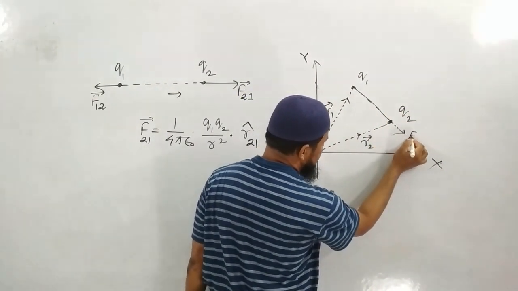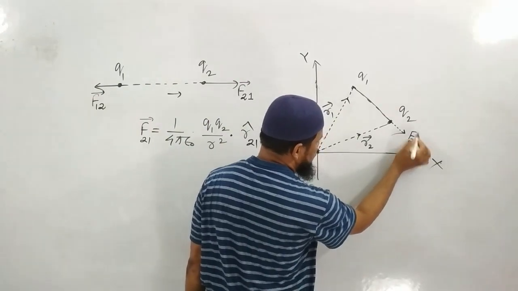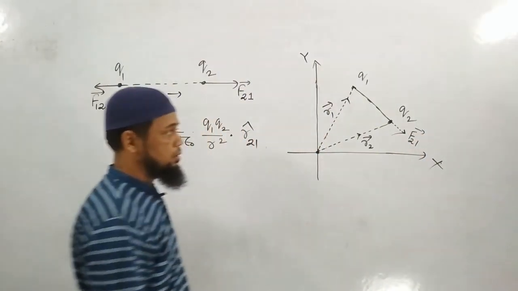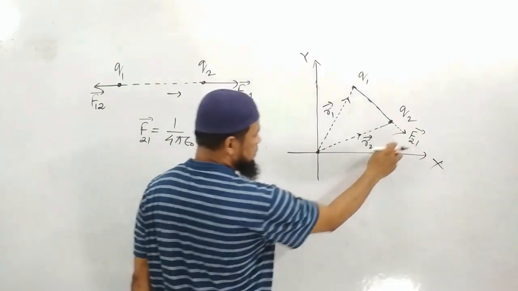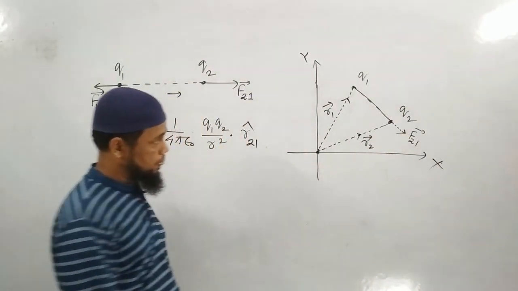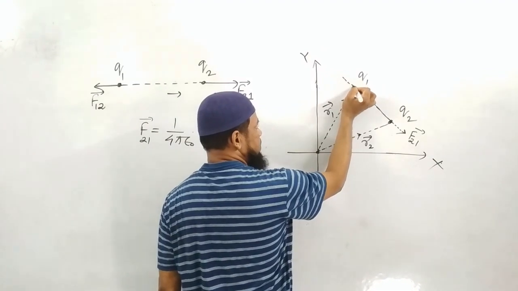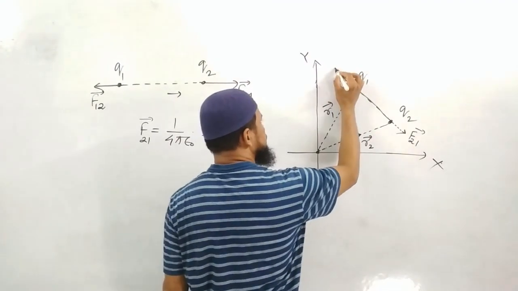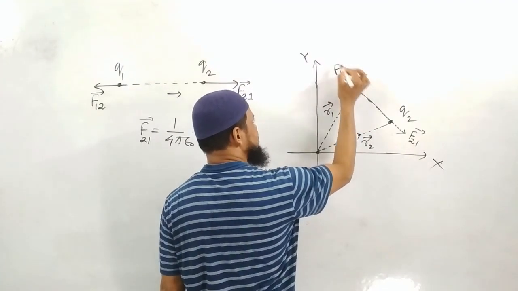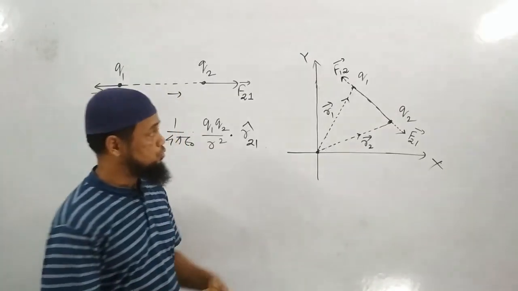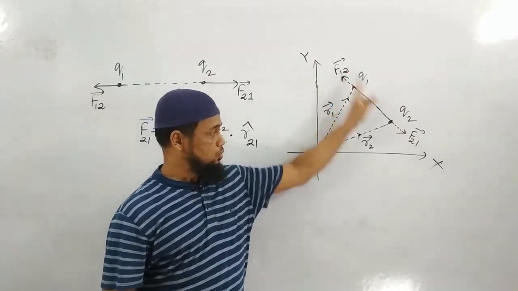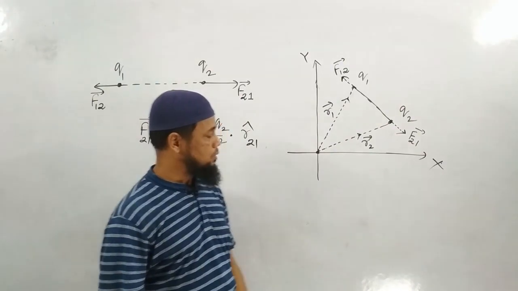I'll call this F on 2 by 1. I'm going as slow as possible. You try to follow. Clear? And this will be the direction of force on 1 by 2. Force on 1 by 2. Force on 2 by 1.